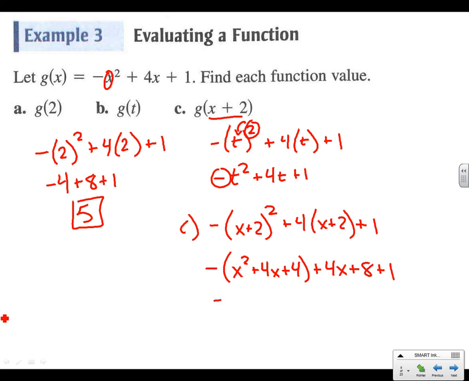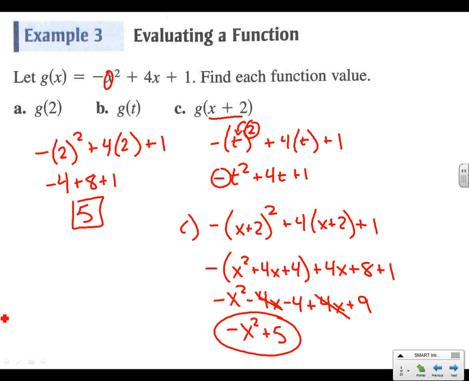Let's clean this up. Negative x squared minus 4x minus 4 plus 4x plus 9. X's cancel, and you've got negative x squared plus 5 as a result. So plugging in 4x. Try it on exercise 41.